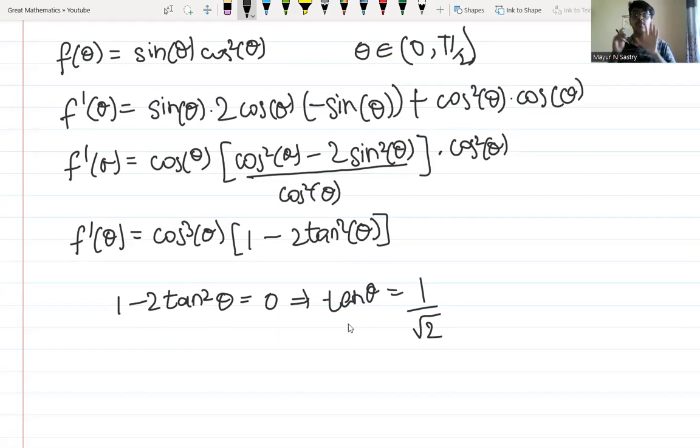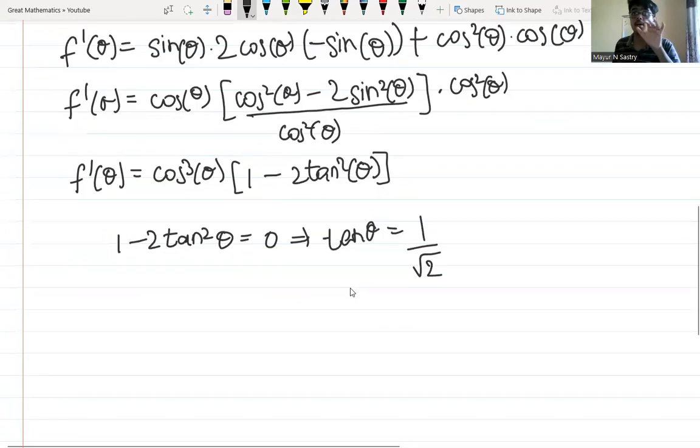And how do we know whether it's a point of maximum or a minimum? There are two ways to do it, the first derivative test or the second derivative test. So if you know how to show whether this point, where tan theta equals 1 over root 2, is a point of maximum or minimum, you can let me know in the comments below.